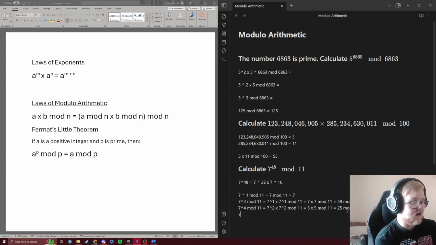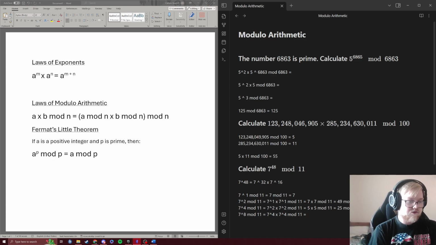And you can do it again. Power of 8 mod 11, which is just 7 to the power of 4 times 7 to the power of 4 mod 11, which, taking the answer from the previous question, 3 times 3 mod 11 equals 9 mod 11. That equals 9.